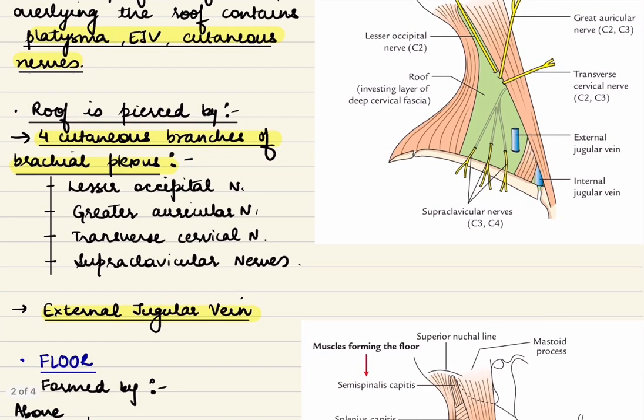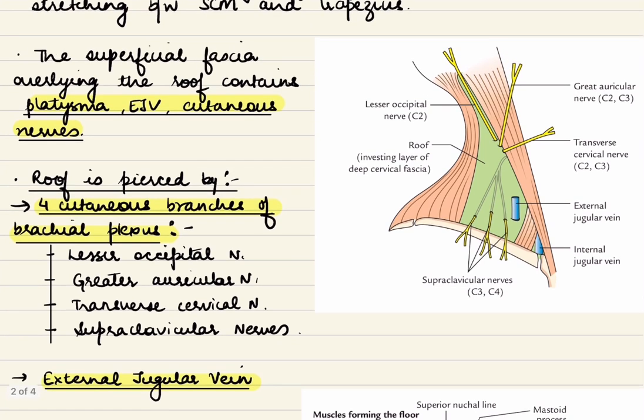Now this roof is pierced by the following structures. Most importantly, there are four cutaneous branches of the cervical plexus which pierce the roof, namely the lesser occipital nerve, greater auricular nerve, transverse cervical nerve, and the branches of supraclavicular nerves. And this roof is also pierced by the external jugular vein.